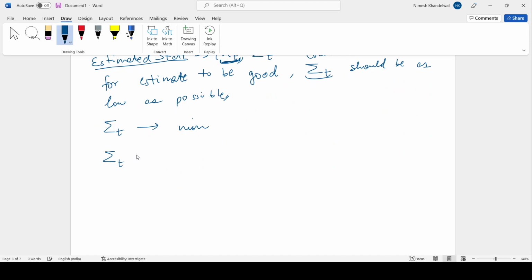Sigma of t, if I write it in terms of expectation, is the expectation of x of t minus the final estimate of t, times x of t minus x hat of t transpose.